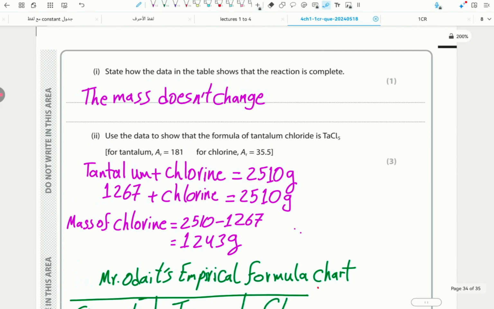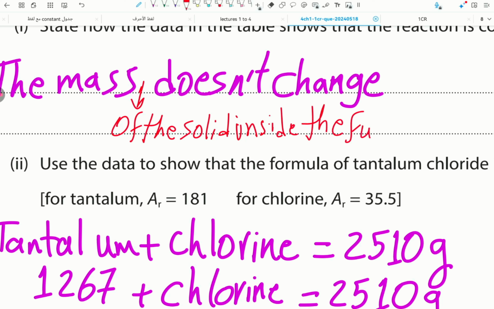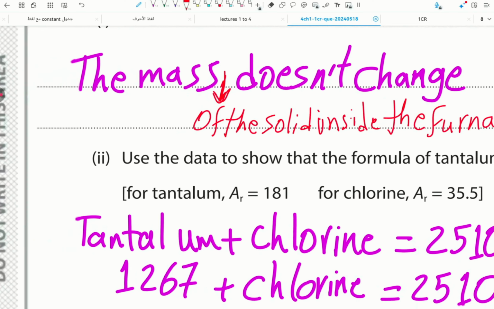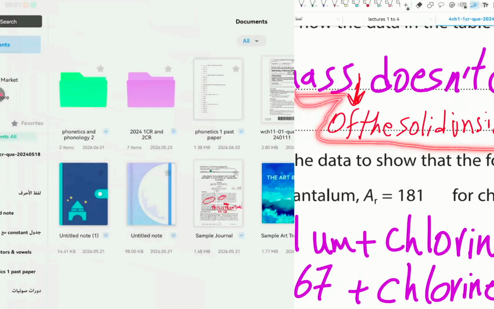So, state how the data in the table shows that the reaction is complete. As we said, because the mass of the solid in the furnace doesn't change.